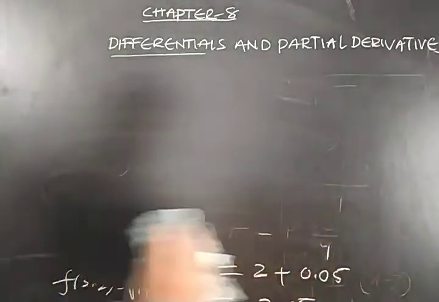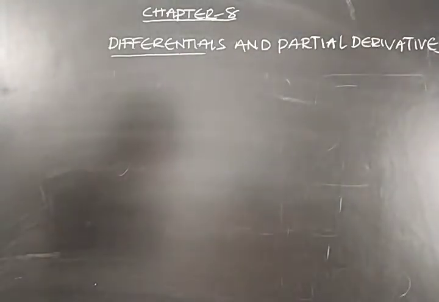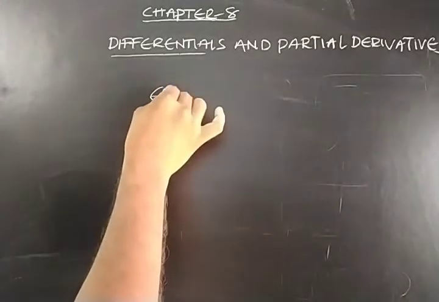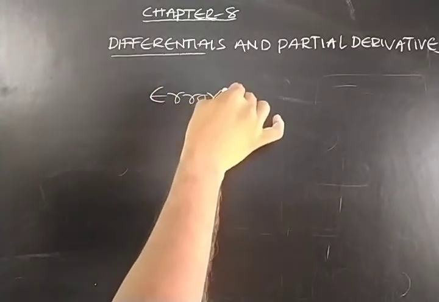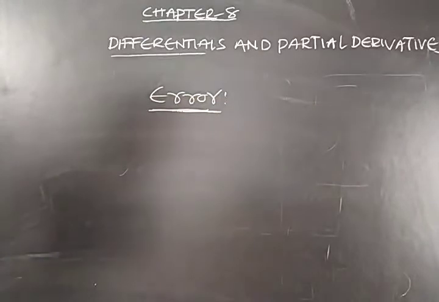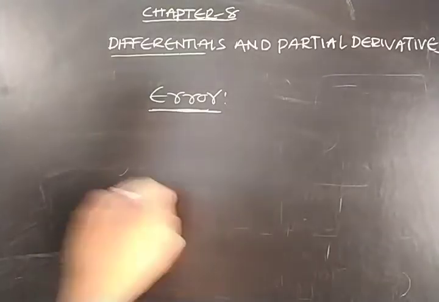And now after that we have to discuss the errors. How can we get error? If you subtract the approximate value from the exact value, you will get the error. So there are types of errors.